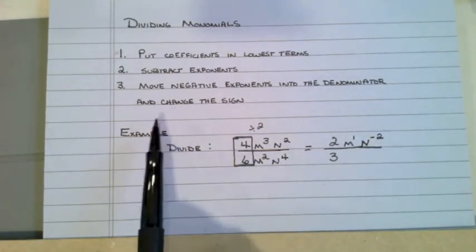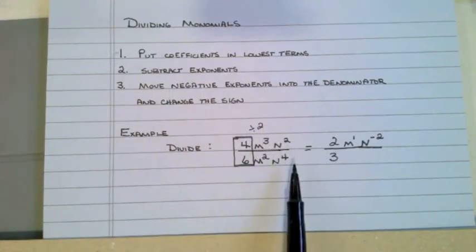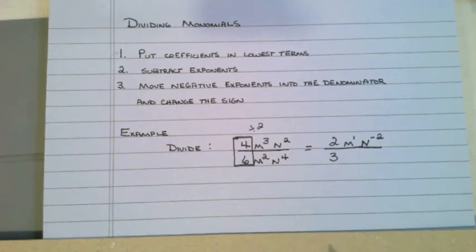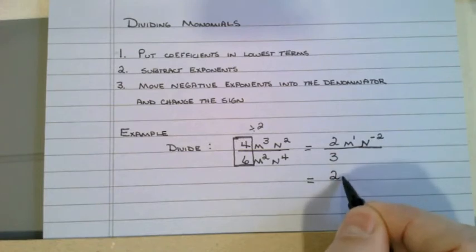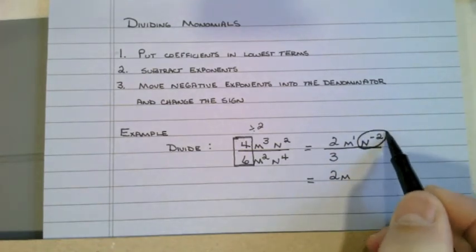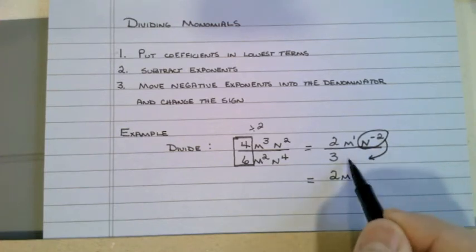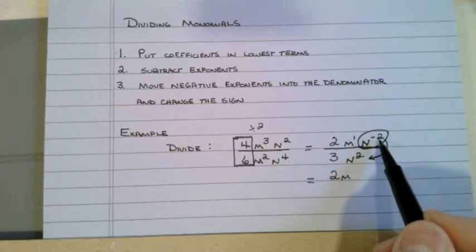Once you put your coefficients in lowest terms and subtract, you need to see if anything needs to be moved into the bottom. So 2m, and this right here has a negative exponent. I'm going to move it into the bottom and change the sign. It was a negative 2 up here.